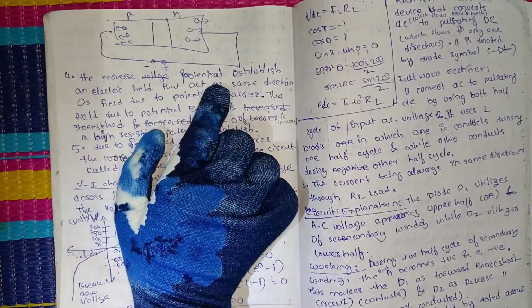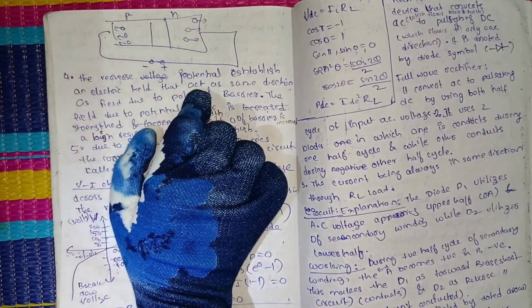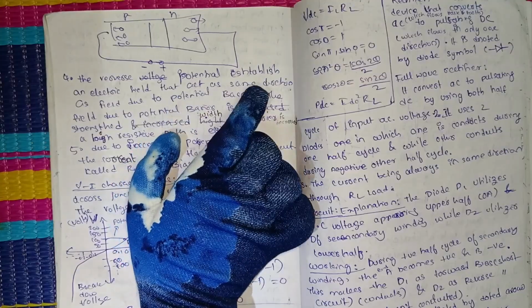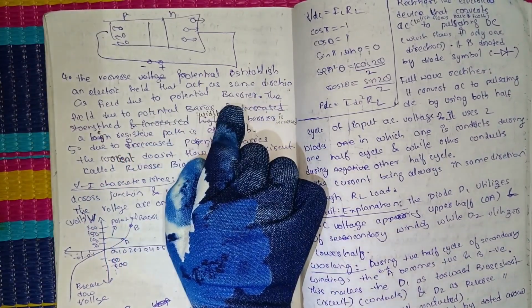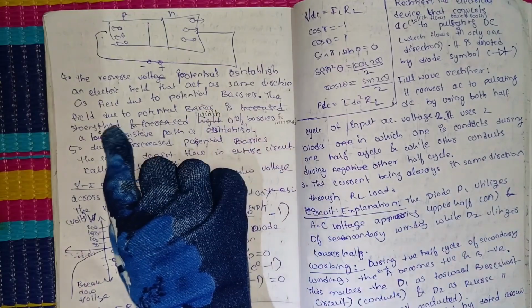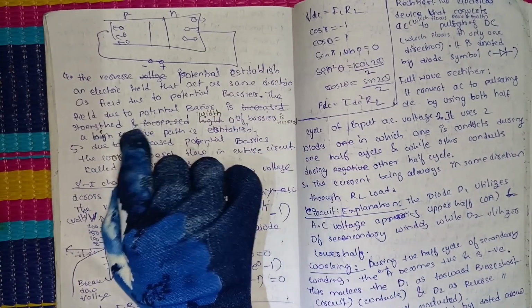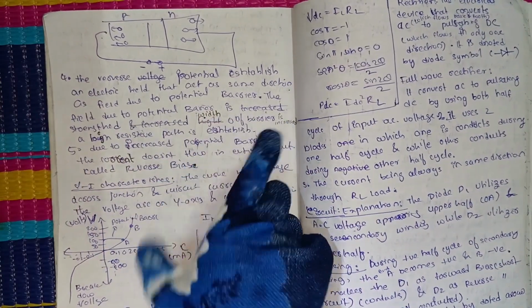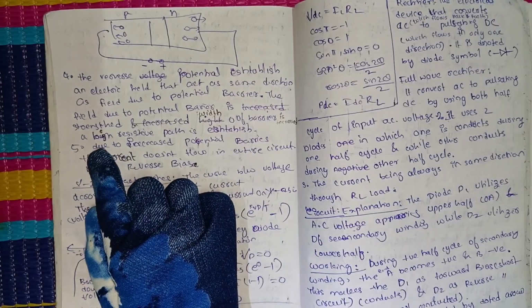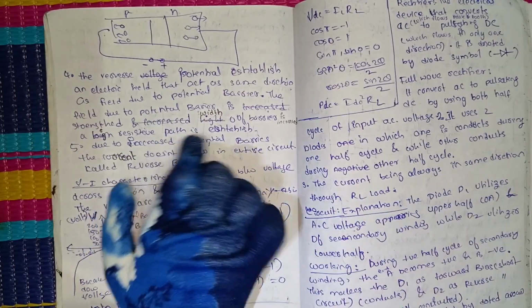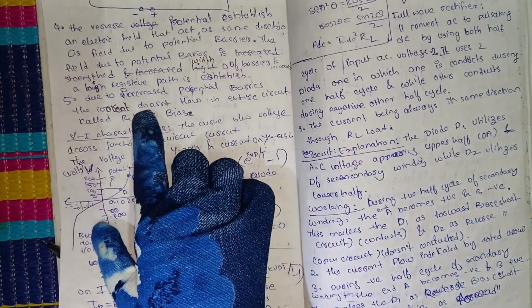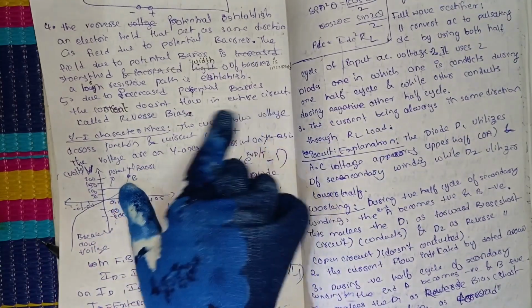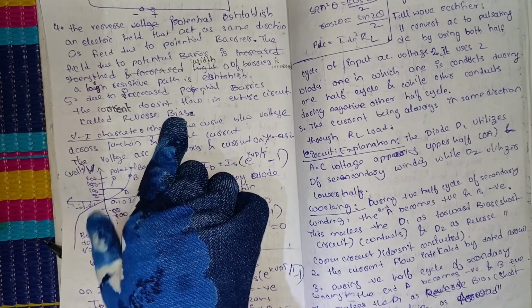The reverse potential establishes an electric field in the same direction as the field due to the potential barrier. The barrier is strengthened and its width is increased. A high resistive path is established, and the current does not flow in the entire circuit. This is called reverse bias.